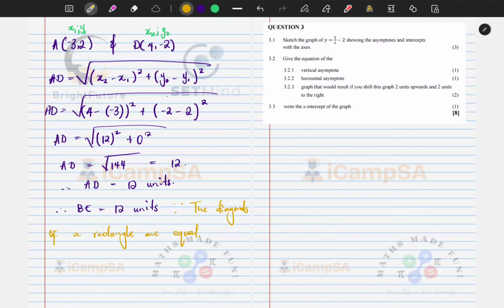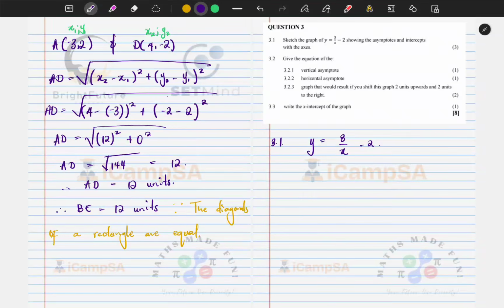All right, so question 3, let's do this. So question 3.1, right? They're saying sketch the graph of y. We need to sketch the graph of y equals 3 over x minus 2, showing the asymptotes and the intercepts with the axes, right?